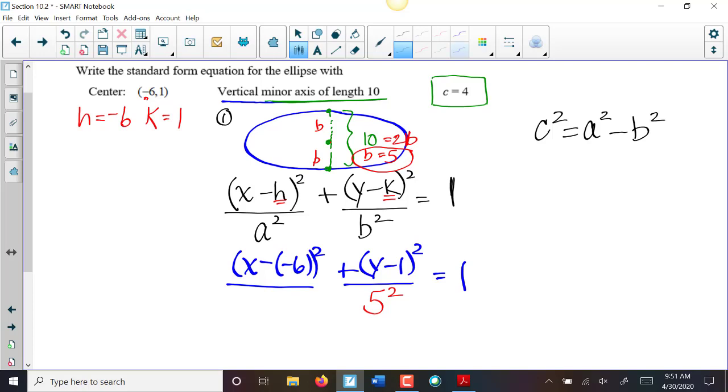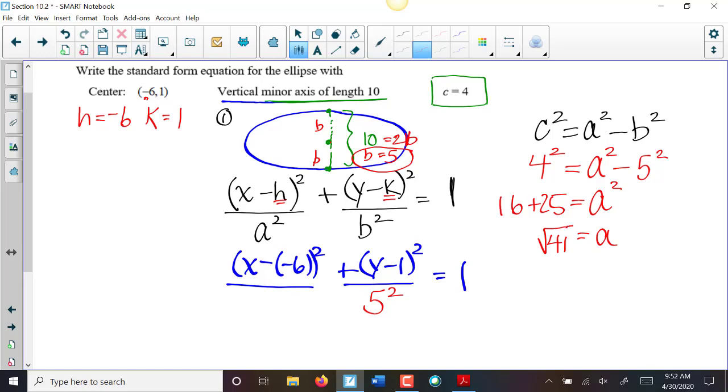So if we just substitute in and solve for a, then we've got what we need. c is 4, so 4 squared is equal to a squared minus 5 squared. If I solve that, I get a squared is 16 plus 25, which is 41. So a is the square root of 41.